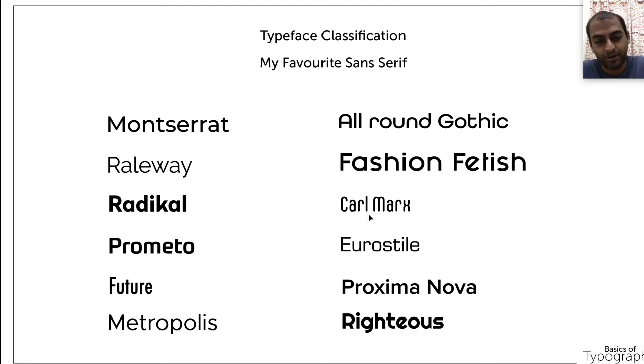And again Karl Marx. If you want to create some creative abstract logos, then this font will definitely be helpful. It is something different. The x-height is much higher compared to other fonts.